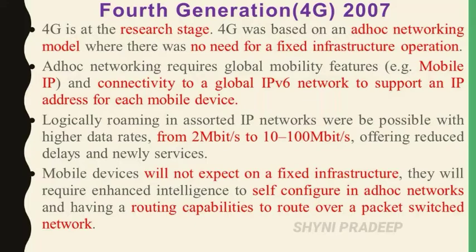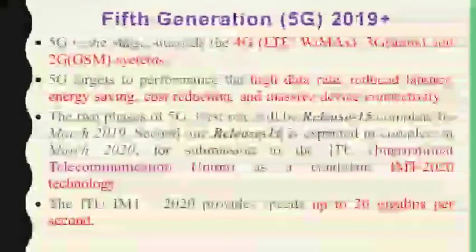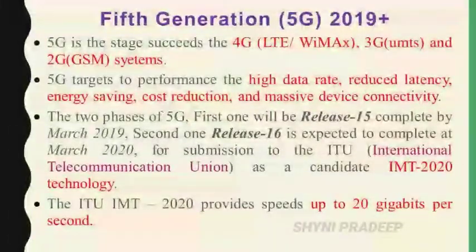In this generation, mobile devices will not depend on a fixed infrastructure. They will require enhanced intelligence to self-configure in ad hoc networks and have routing capabilities to route over a packet switched network.